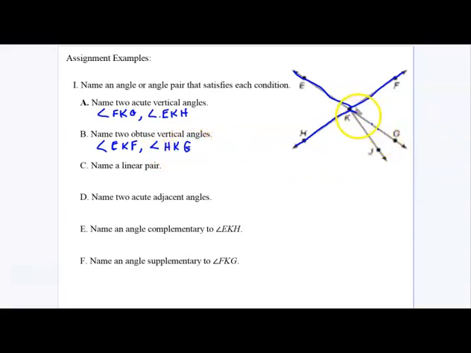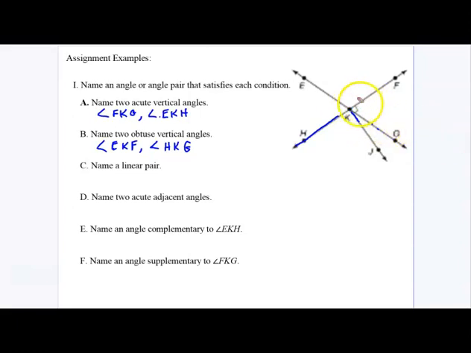And so you might be wondering, how did you know for sure that that was obtuse? Well, one way you can know is this EKG is a line, and we've already established that this would be 180 degrees. This 90 degree angle means that this has to be less than 90 right in here. So let's put some numbers in here to make this make more sense. This is the 90 degree.